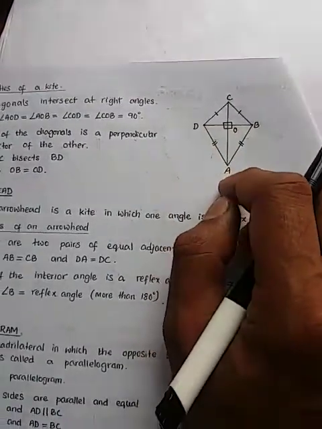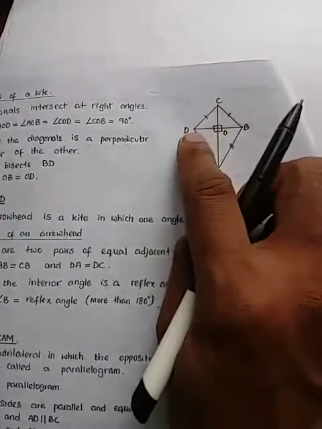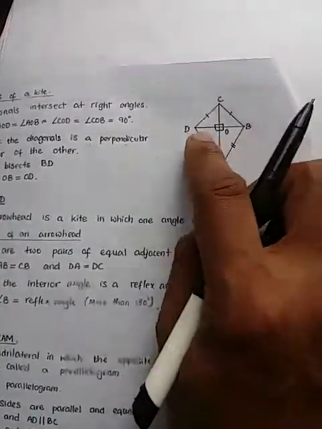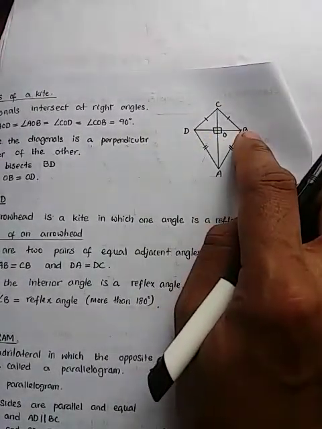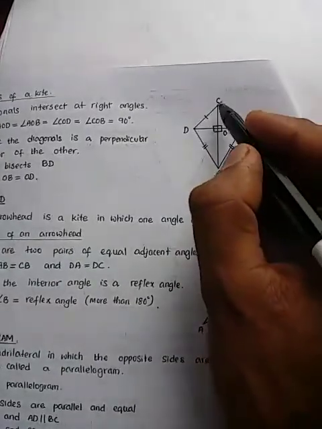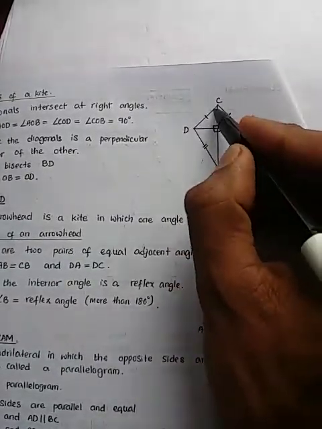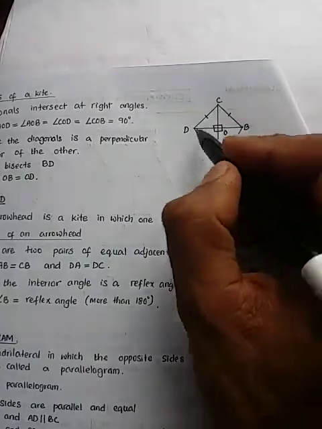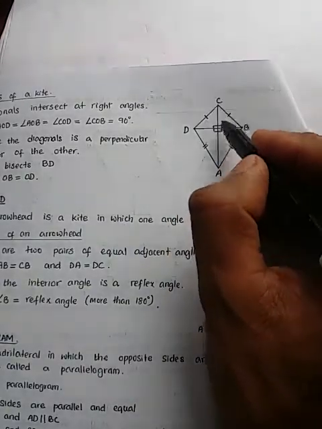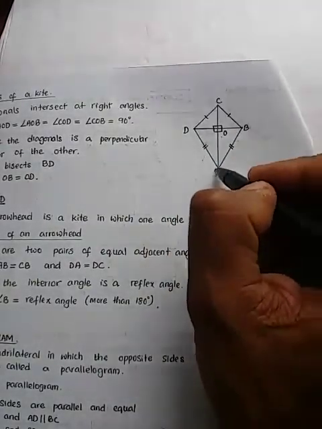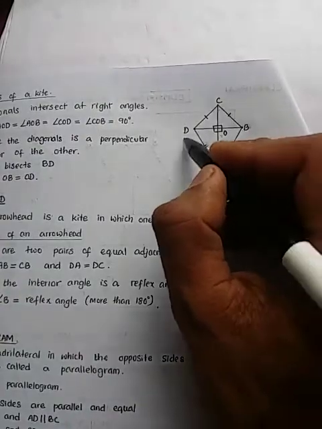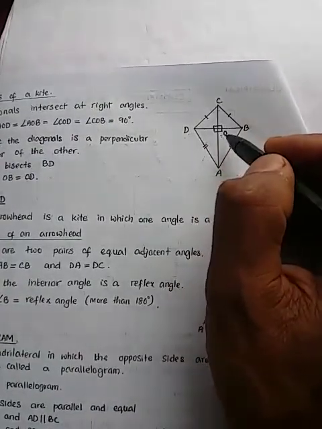And then this diagonal bisects the other diagonal at right angle, so they are perpendicular to each other. So these angles COB, AOB, AOD and COD are all equal to 90 degrees.